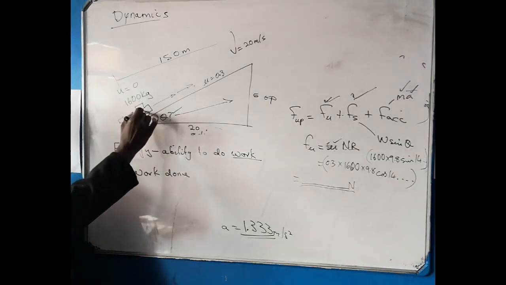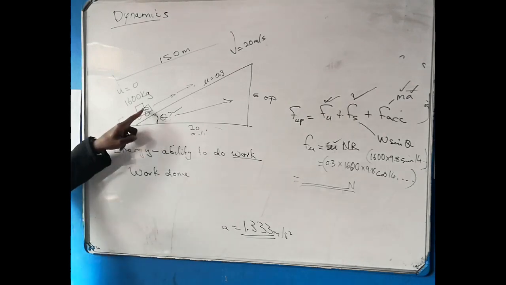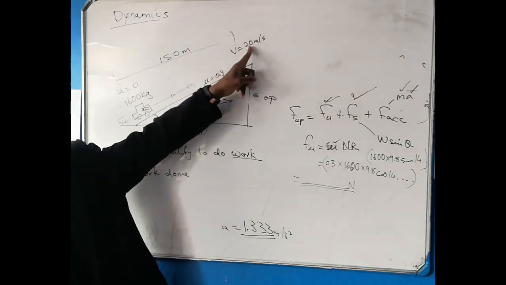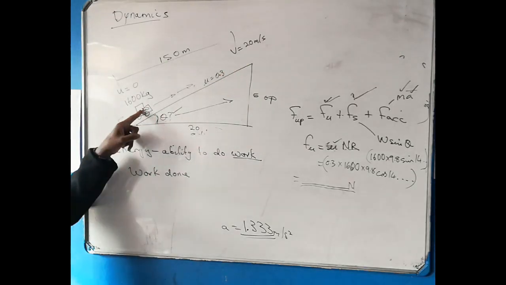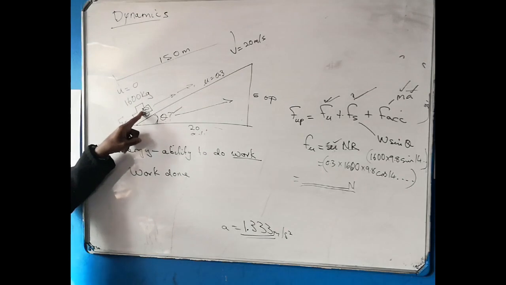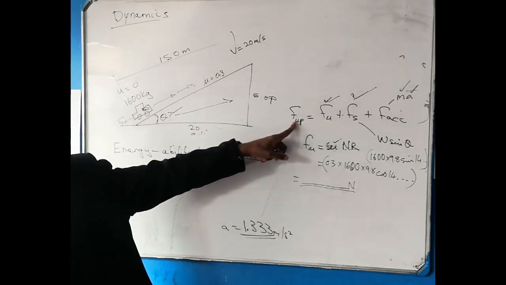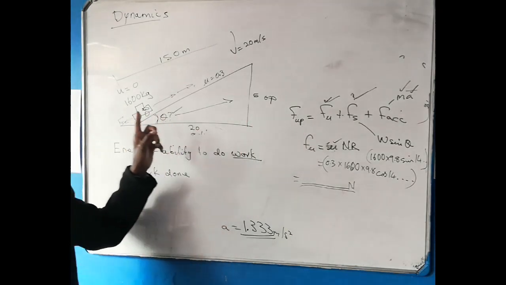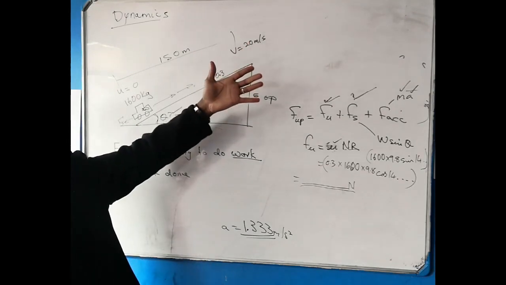Isn't it in this vehicle, there's a small engine in there, right? The engine is the one that is making this vehicle move from there, accelerate, reach 20. That's the small engine in there, burning up fuel and so on. The force that the engine is producing should be a total of this much. If the engine fails to produce a force of this much, this vehicle will not move up and reach 20 meters per second.